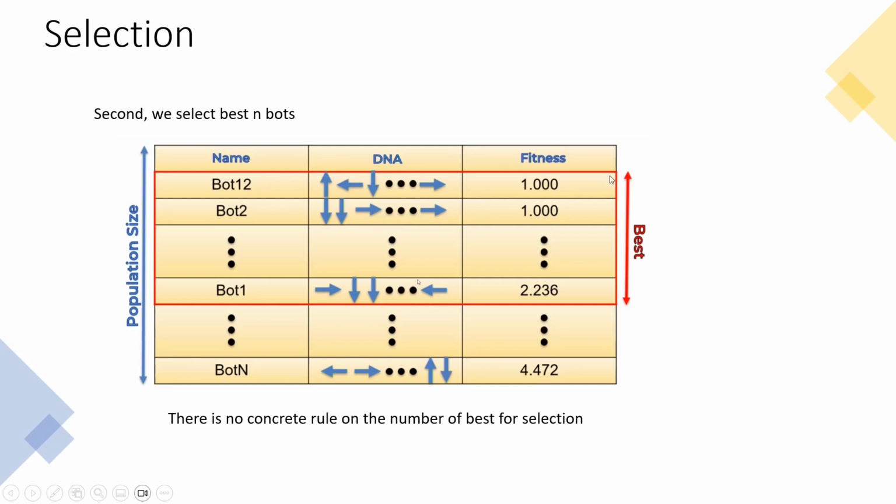You can just transfer, for example, a third of this generation to the next generation as well. That's totally up to you. But from your current population, you need to select some of the best performing bots and transfer them to the next generation.